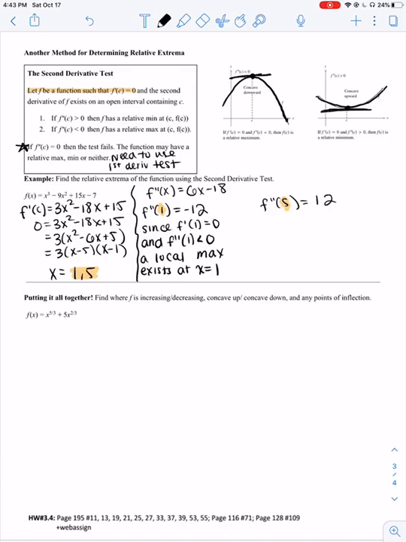Because this is telling us that at 1 we are concave down, and also at 1 there's a horizontal tangent. So if there's a horizontal tangent and you're concave down, that is a maximum, a local maximum.